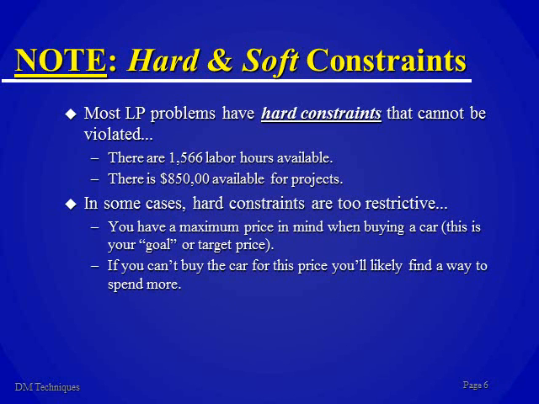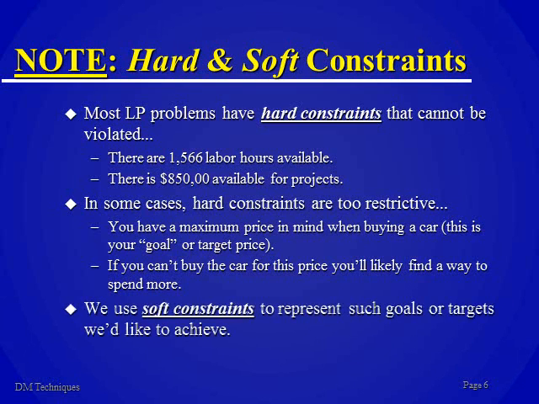Now, sometimes these hard constraints are too restrictive. I'll give you an example. When you're thinking about buying a car, you have a maximum price in mind. You would not like to deviate from this maximum, target, or goal price, but you may be okay if you do. These types of constraints are called soft constraints, because they represent goals more than actual hard requirements.